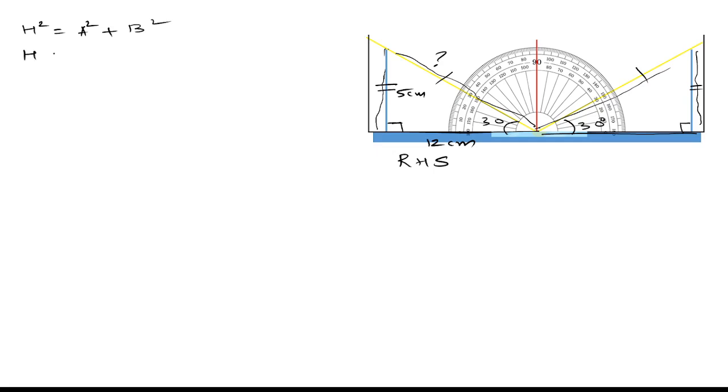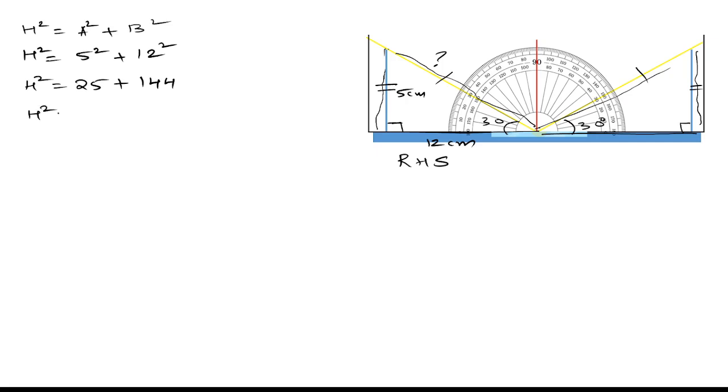Hypotenuse we don't know, so let us write h square as it is, and altitude, which is nothing but the height, is 5 square plus base is 12 square. So hypotenuse square is equal to 5 square which is 25 plus 12 square which is 144.